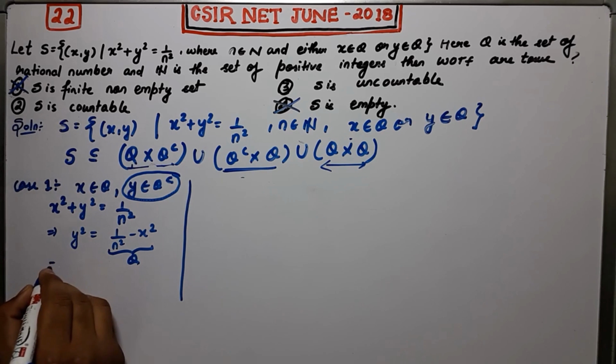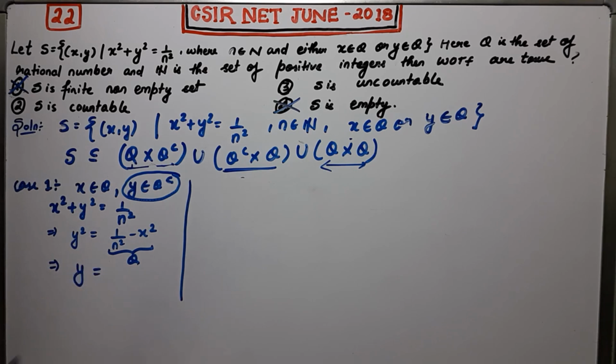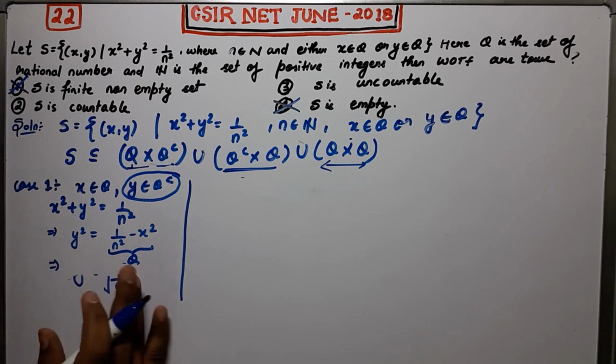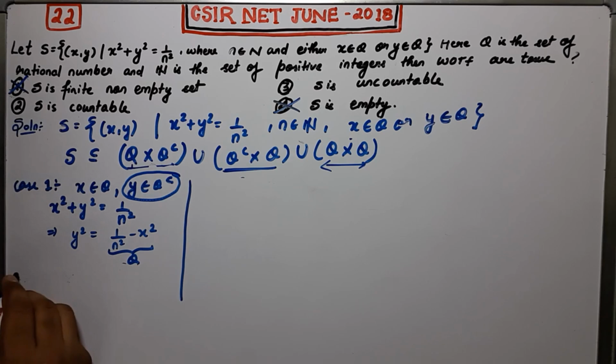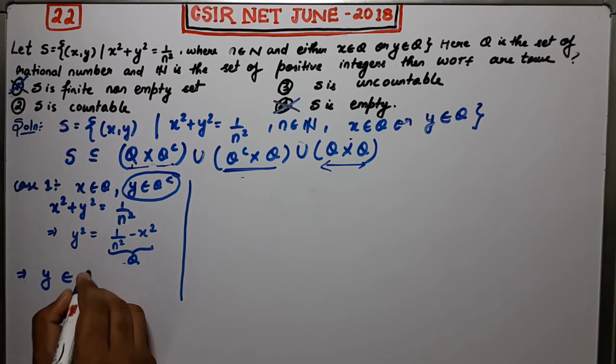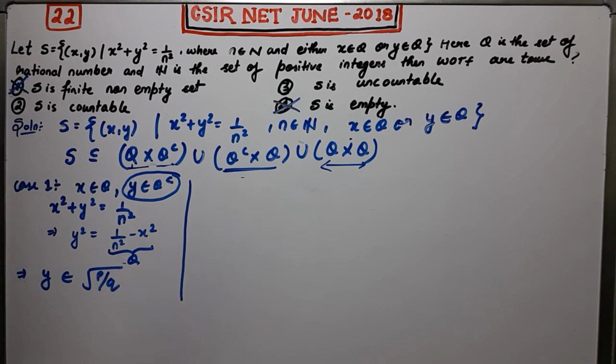Okay, you got my point? So this will imply that Y will always be of type root P over Q, where P over Q is a rational number. This is what you are concluding from here.